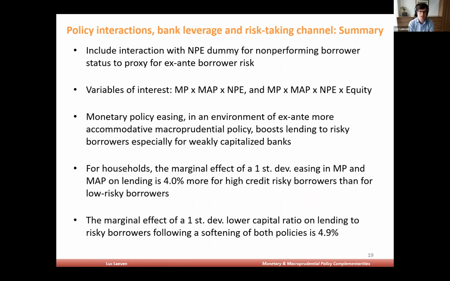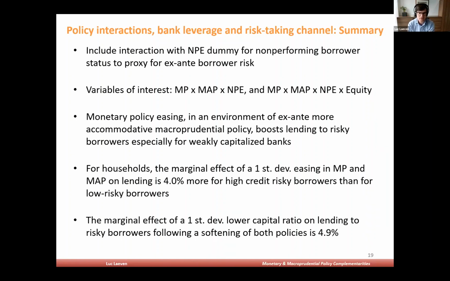And there we also find that if you ease monetary policy in an accommodative macroprudential policy, then this additional lending from these weakly capitalized banks goes especially to the risky borrowers, which is evidence of a traditional risk-taking channel. So leverage of the bank and risk of the borrower interact in the expected direction, and these are again very large economic effects.